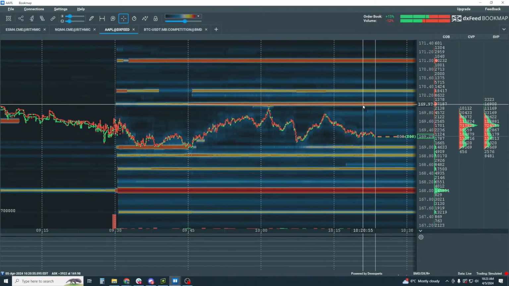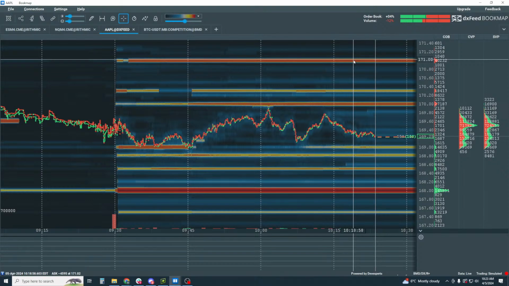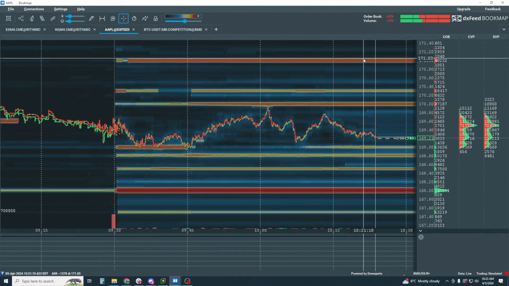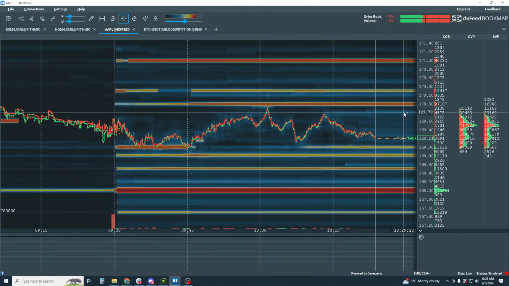They are telling us here's where we will be sellers. That we think it is a sell up here, not down here, up here. All right, I hope that makes sense.